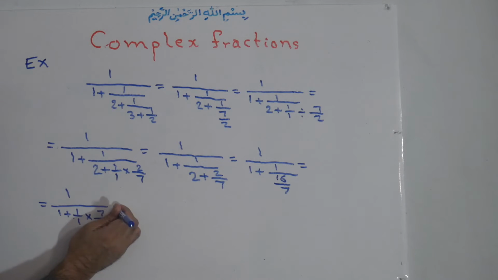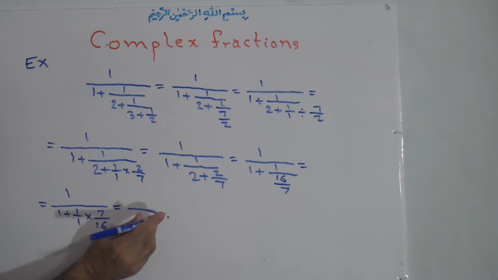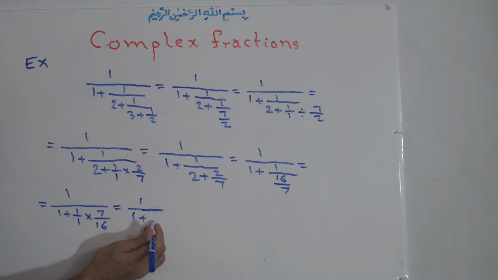Is equal to 1/1 plus 1 times 7 is 7, 1 times 16 is 16.